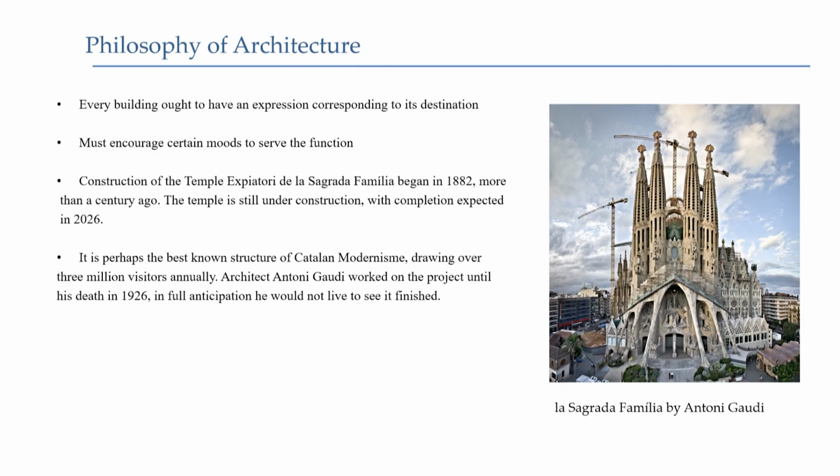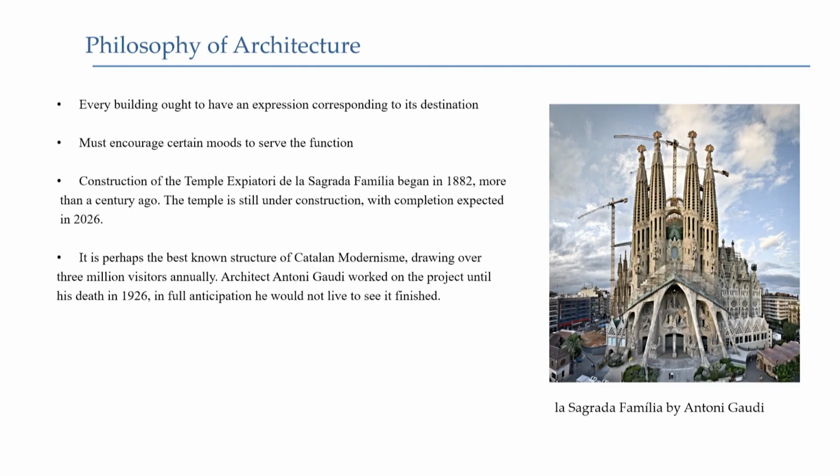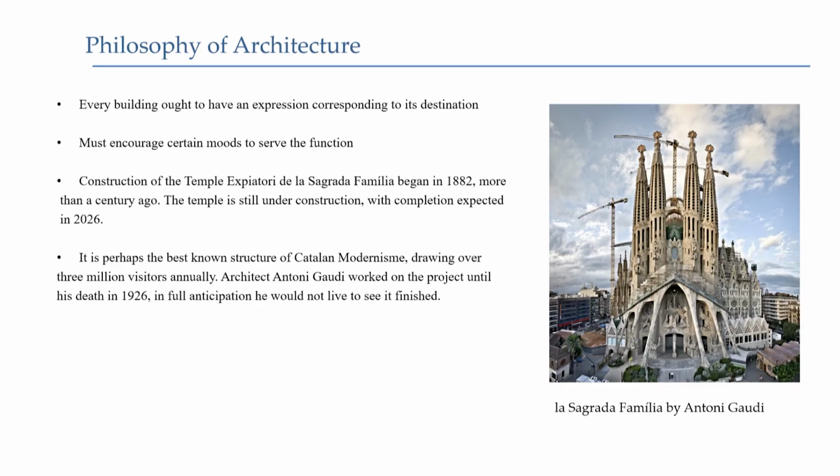If you go to a sports structure, you should feel accordingly. If you go to, say, a cultural place, you should feel as if your creative juices are about to flow, and so on and so forth. So, something similar is said here, that the architecture of the building must encourage certain moods to serve the function. It is the same thing said in different words. Those moods must get generated so that the function of the building gets performed.